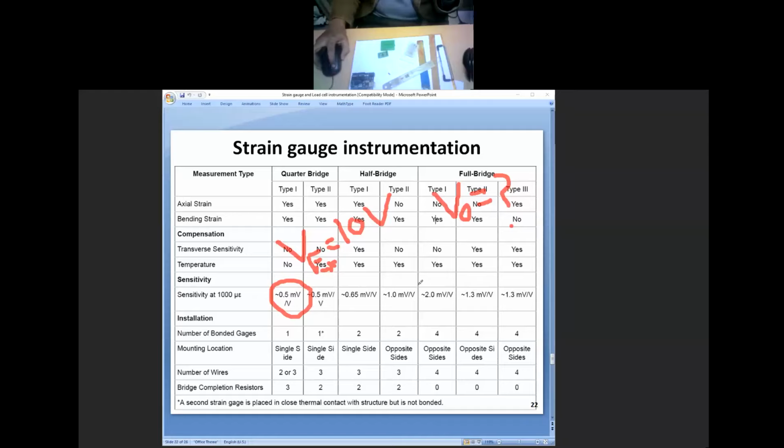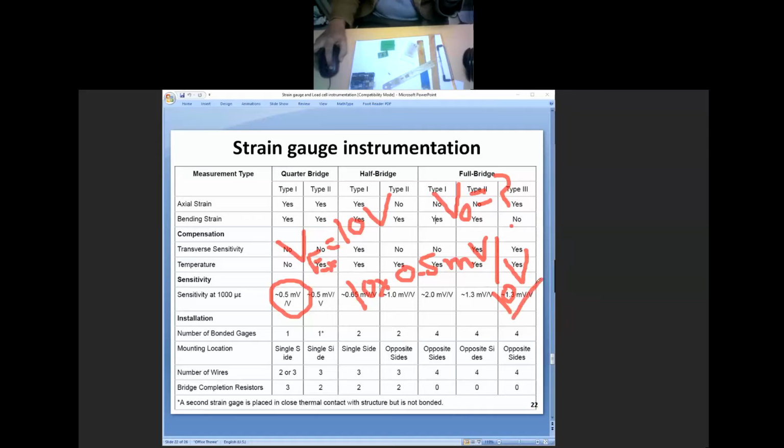V output is shown here. So let's say 0.5 millivolt per volt. Because my input is 10, this is input, multiplied with 10 at the top, and 10 at the numerator and 10 at the denominator.